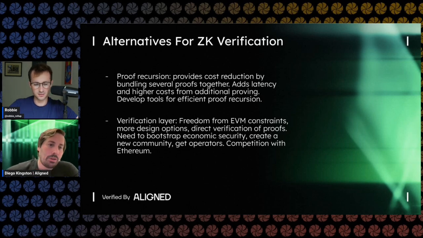Well, right now, and this is one of the problems you have with proof recursion, remember that you have to prove that you verified two proofs, and even though verification is very fast, proving verification is rather expensive because we have to prove all the operations involved in the verification, which can involve hash functions.